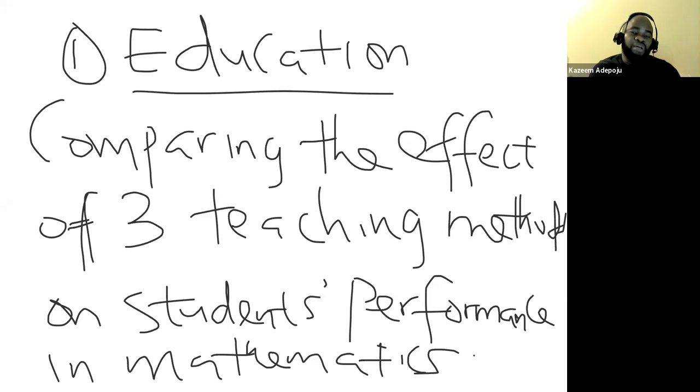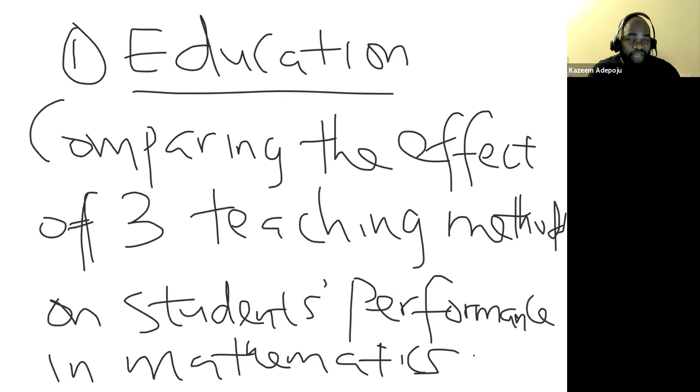The students were taught using different approaches. What we want to do is to see whether the average performance of these three groups is the same. Of course, to do that, you are going to use analysis of variance.